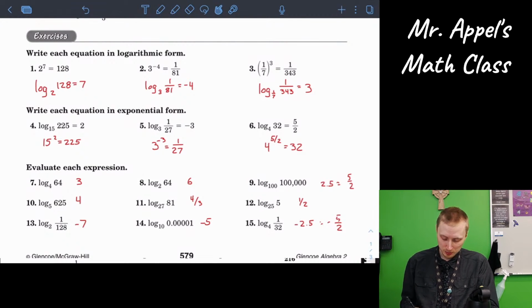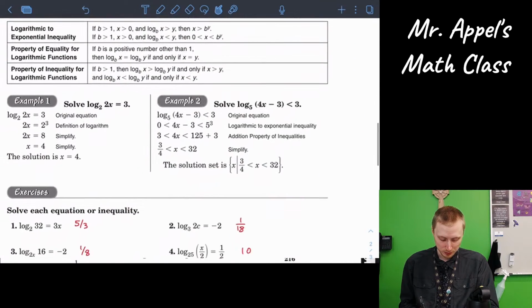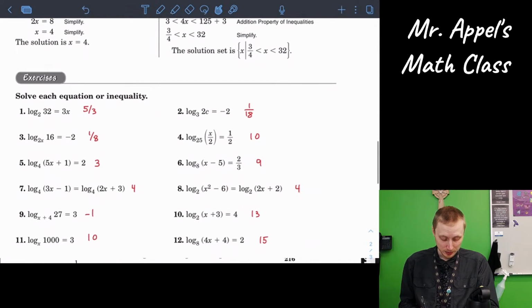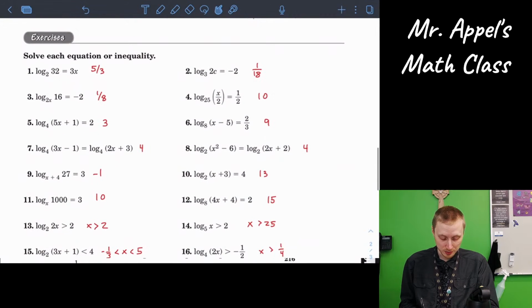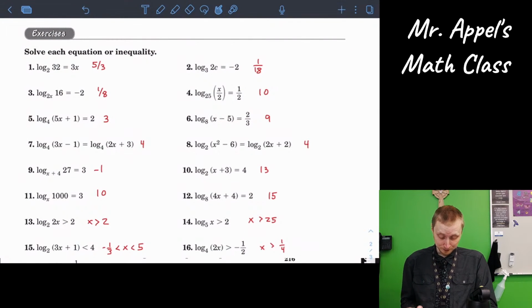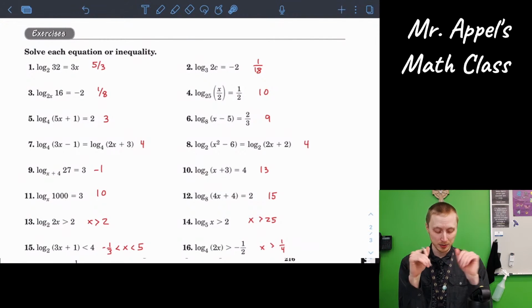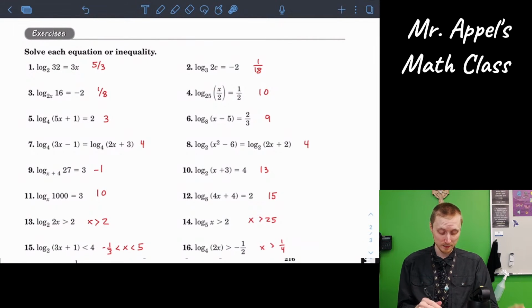Then let's go to the back page. Now we had to solve these equations or inequalities. And a lot of this, some can be easily found by just rewriting into exponential form, and that clears up where the variable is.